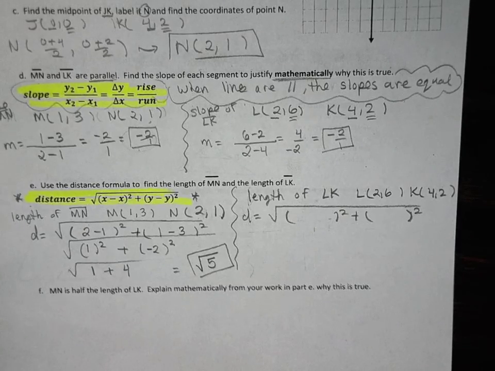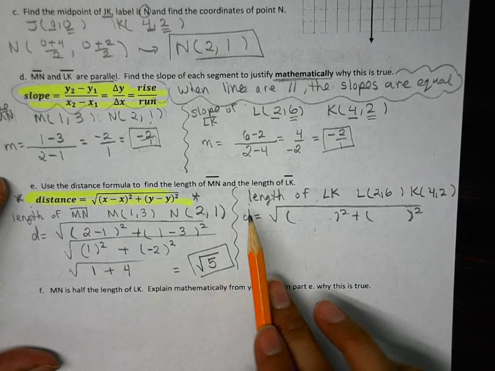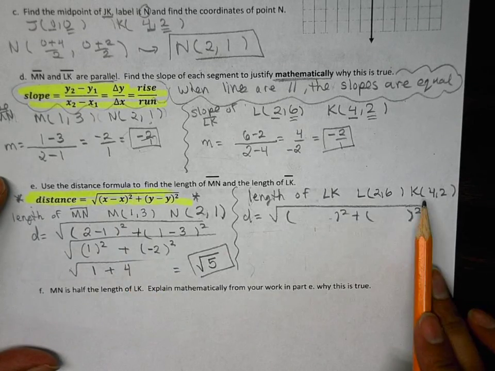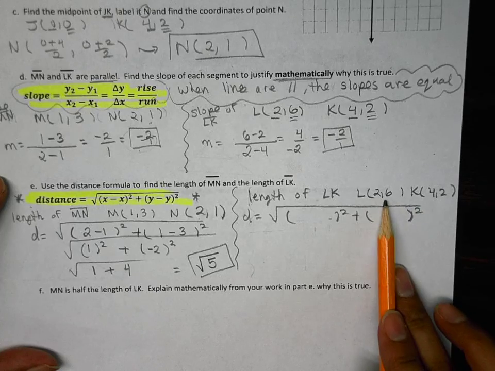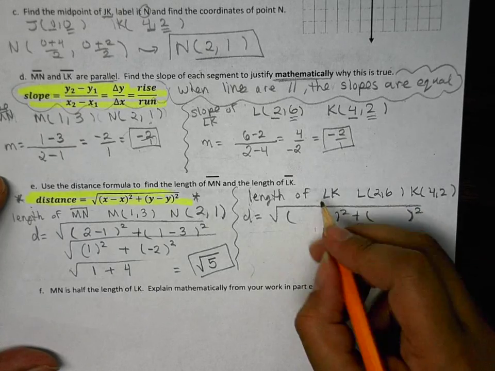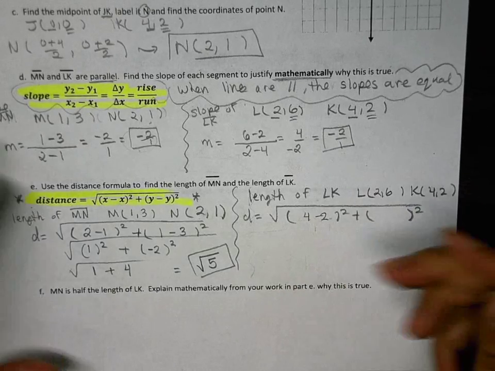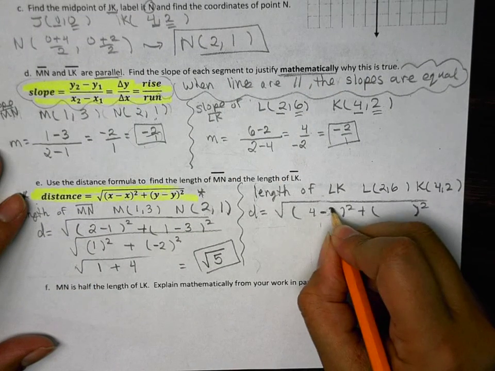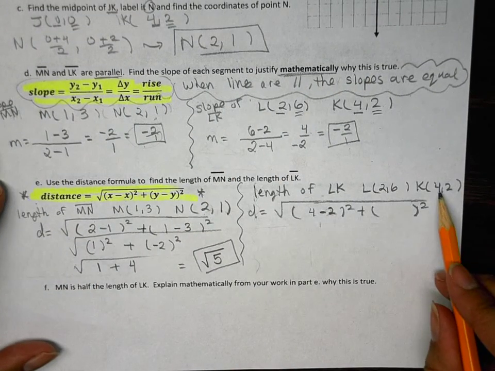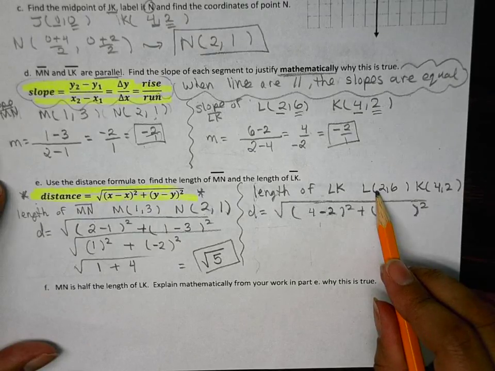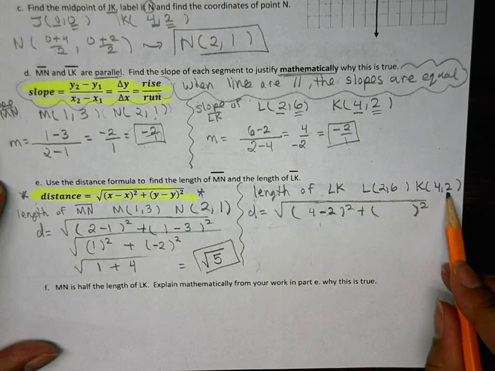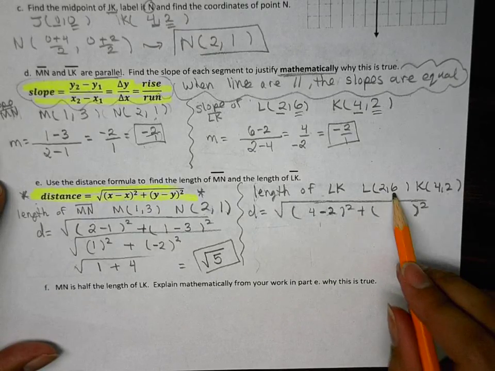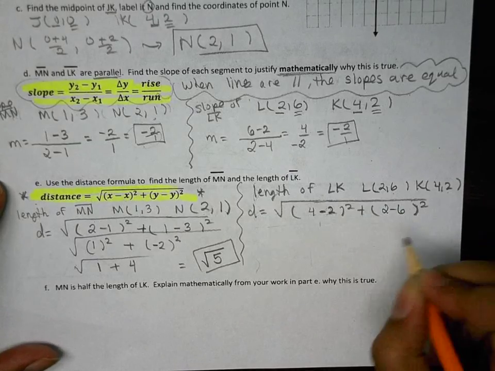All right. Formula is x minus x. Do you want to do 2 minus 4 or 4 minus 2? 4 minus 2. Now, again, you don't have to be consistent on this one, but I'm going to just so we don't mess up the slope later. If I did 4 minus 2 for the x, what will I do for the y? 2 minus 6. And I want us to get used to squaring negatives as well.